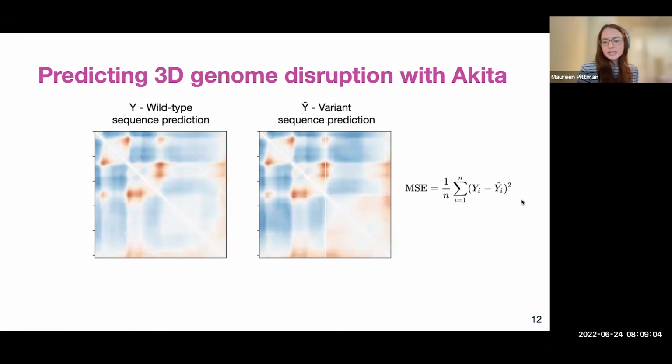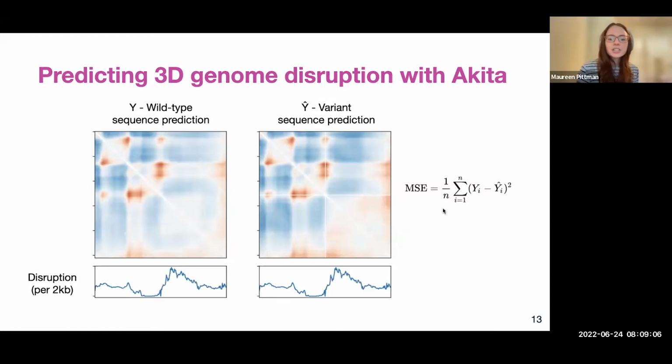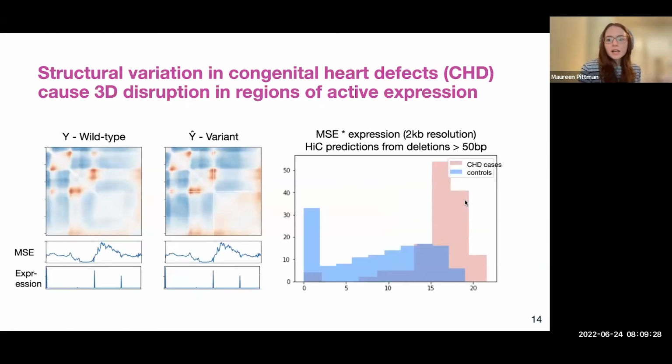It's quite a simple mean squared error calculation, and that can also be calculated per bin. These bins represent 2048 base pairs, so about 2 KB. So for each bin in the map, to what extent its chromatin contacts seem to be disrupted, or are predicted to be disrupted, by the Akita model.